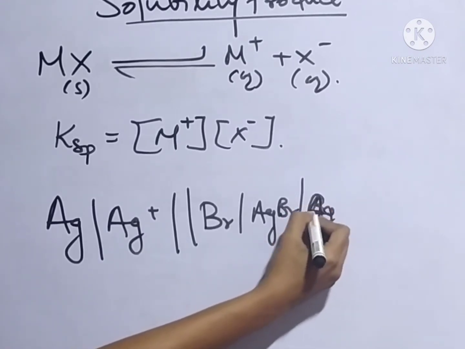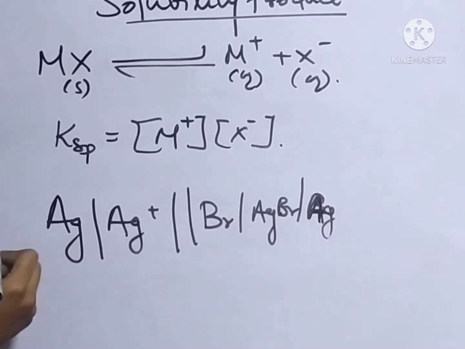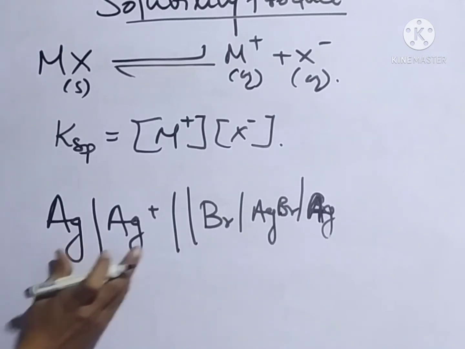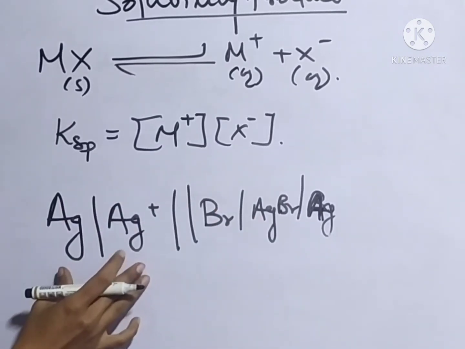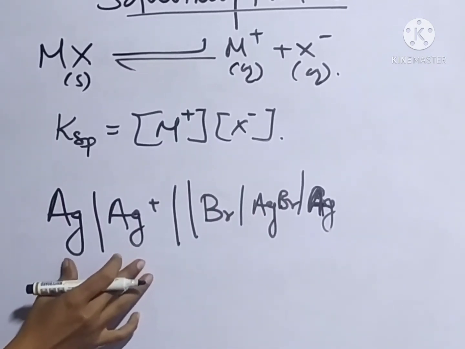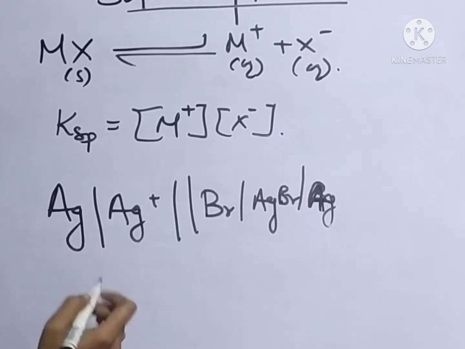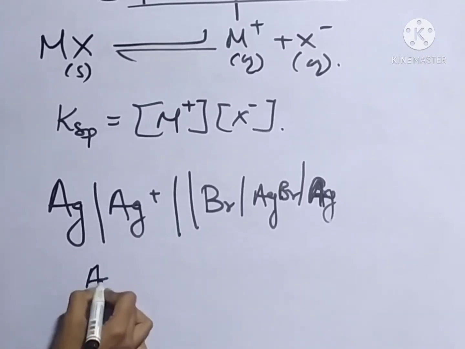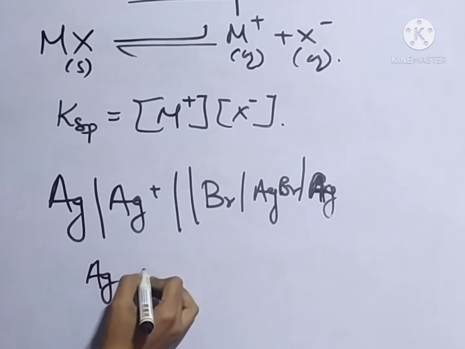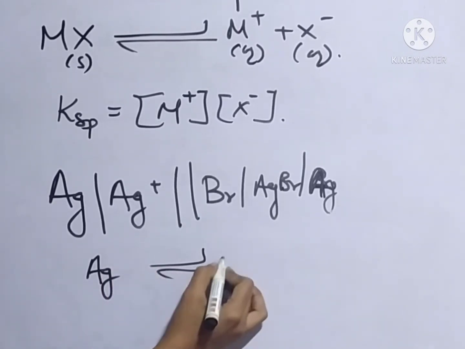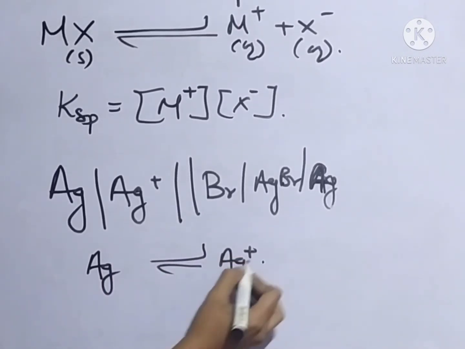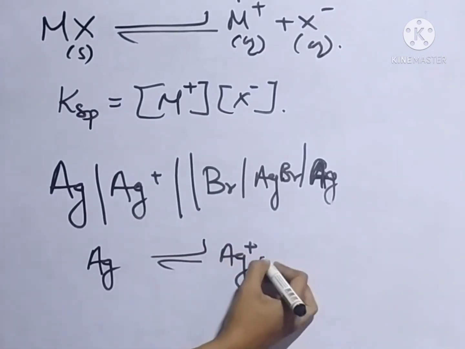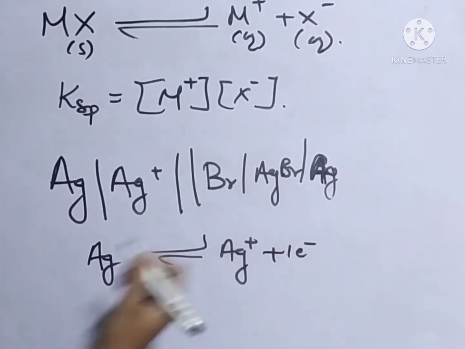Okay. So two half cells are there. If we write the reaction of anodic half cell, it will be like this. Ag, Ag plus, that is Ag. Here Ag is converting into Ag plus. So oxidation reaction, 1 electron.